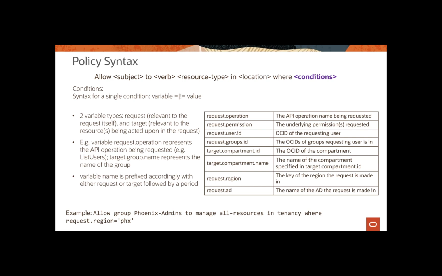The request variables could be request dot operation, which is an API operation type of variable. Then there is request dot permission, and request dot user dot ID, the OCID of the requesting user. So this is all related to the request. The OCID of the groups is request dot groups dot ID, and there is request dot region. In this example, there is: allow group Phoenix admins to manage all resources in the tenancy where request dot region is PHX, right?